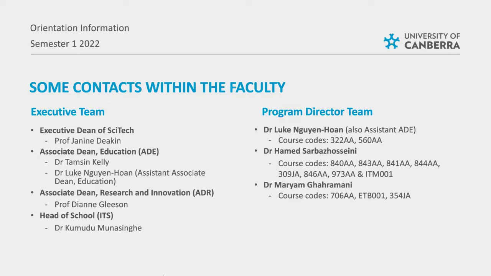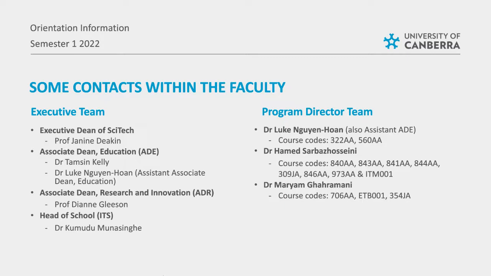So Associate Dean of Education is Dr. Tamsin Kelly, and Associate Dean of Research is Professor Diane Gleason. And also we have the head of the school. So the head of school will come here shortly. He's going to say hi to you guys, which is Dr. Kumudu. So you will see him a lot. He's the head of the school, and also he will be the unit convener of some of the units that you guys will be doing.